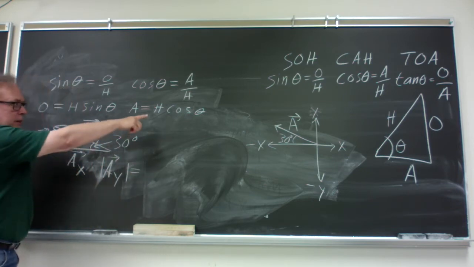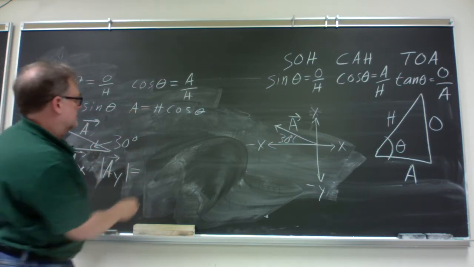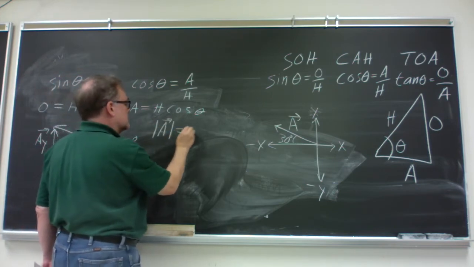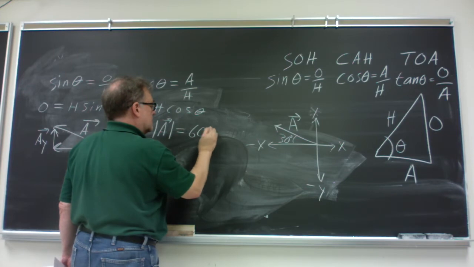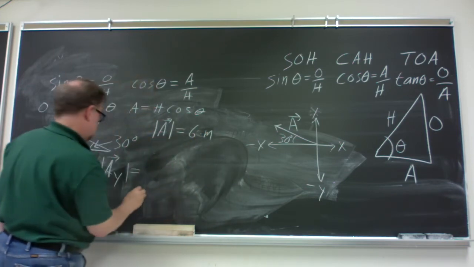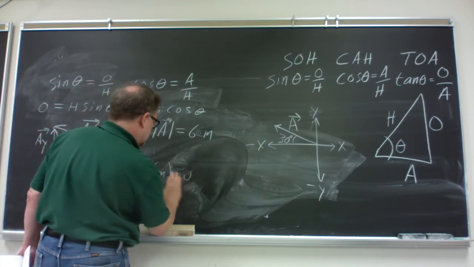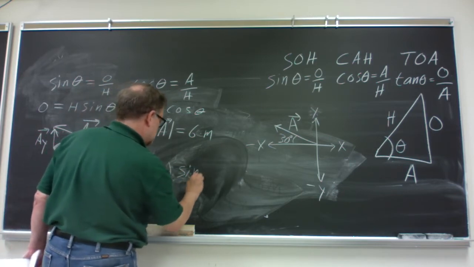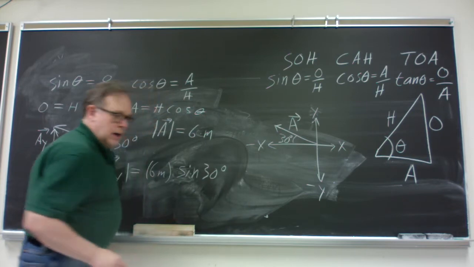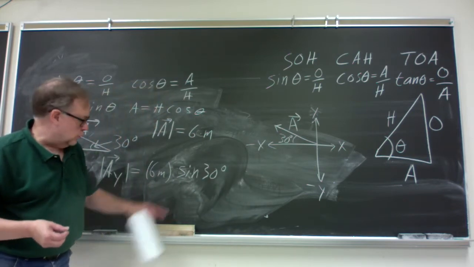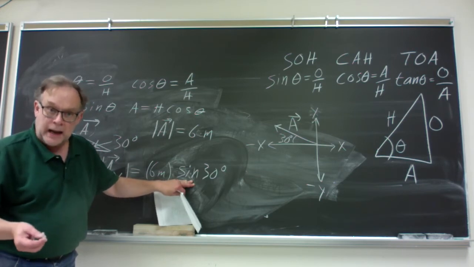And the size of the hypotenuse, shouldn't have erased it, the size of the hypotenuse is 6 meters times sine of 30 degrees. And if you ask your calculator what is the sine of 30 degrees, your calculator will tell you that sine of 30 degrees is 1/2.